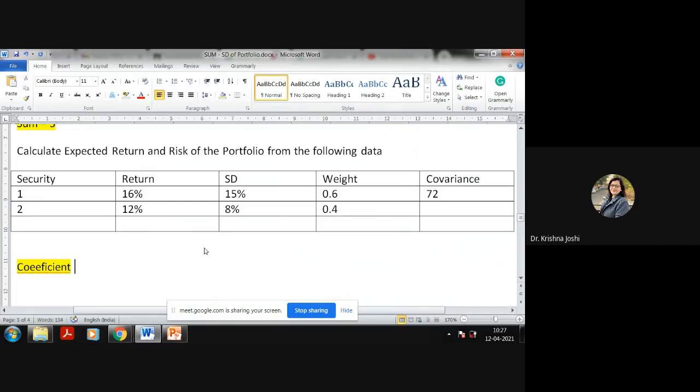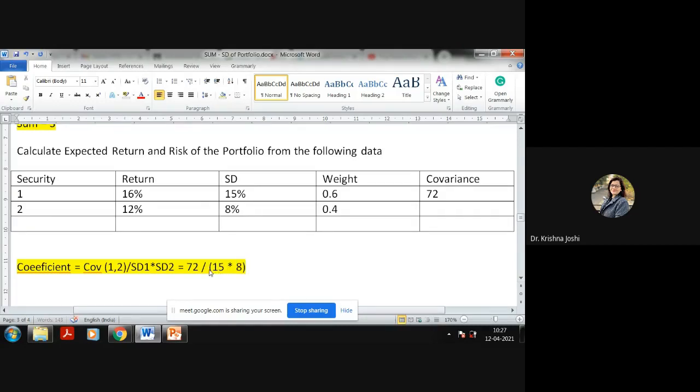Coefficient is equal to covariance of 1 and 2 whole divided by SD1 multiplied by SD2. Tell me what is the answer? 72 divided by 15 into 8.